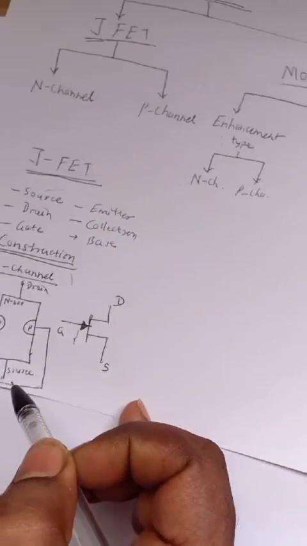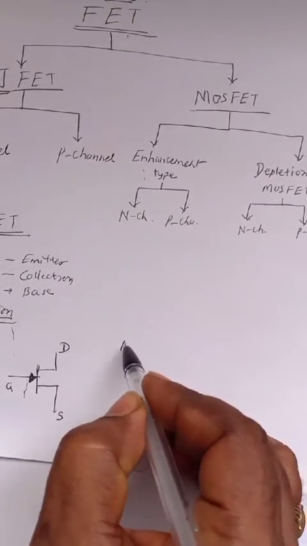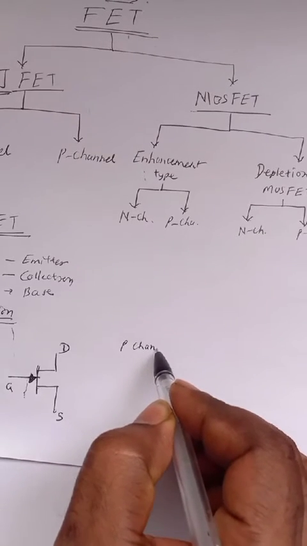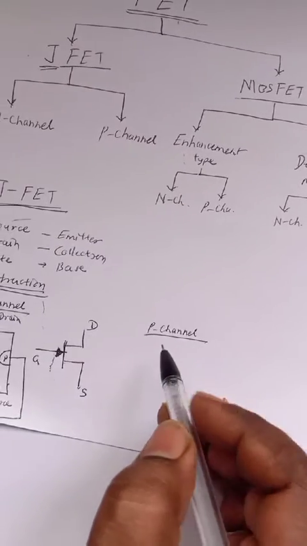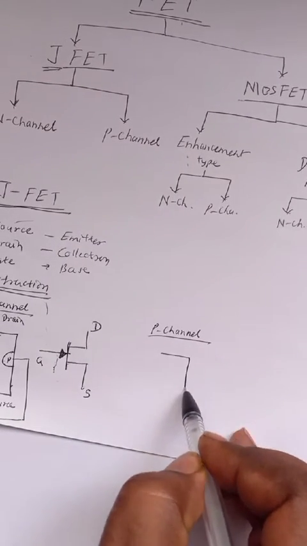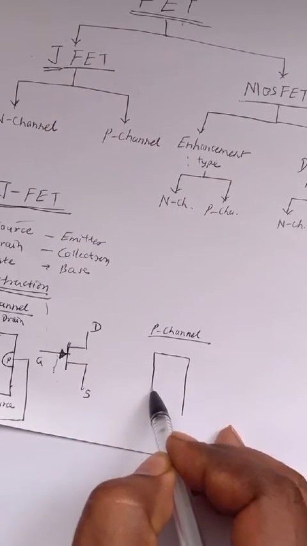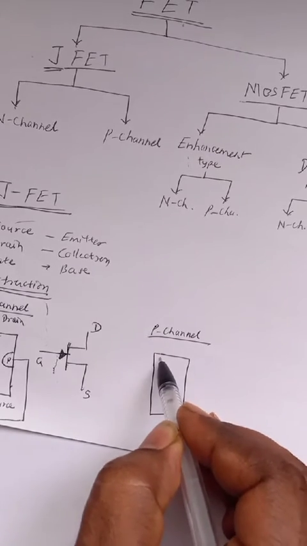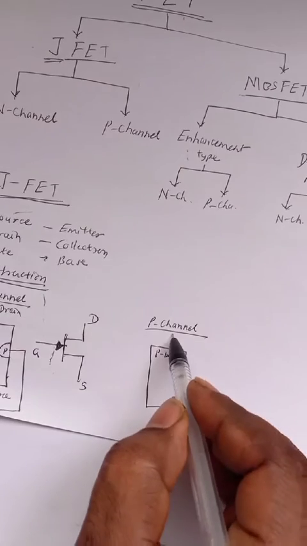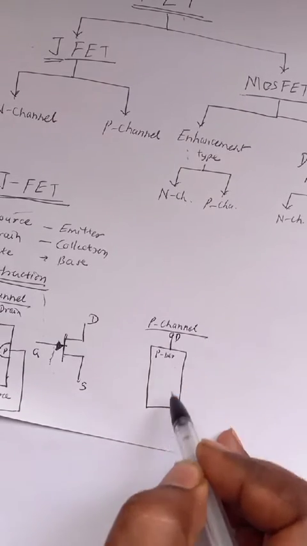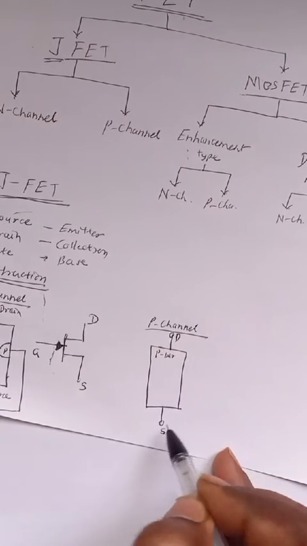So similarly, the construction of P channel. This is a similar construction for P channel. So there is a P type semiconductor bar. Okay, so this is called a channel. So leads are attached to drain and source.